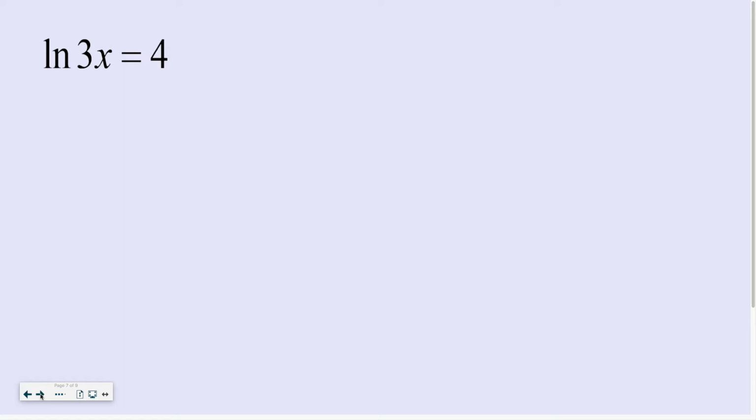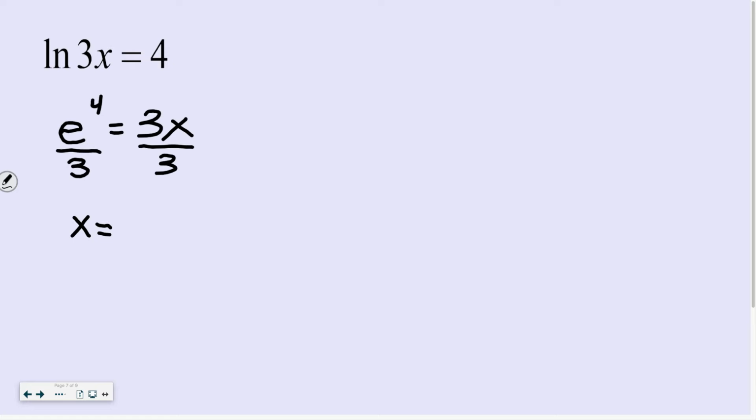Is there anything I can move from the side that has the log? No, don't be tempted to divide by 3 because that's trapped inside the logarithm, right? So you must rewrite it right now. What is the base of this log? E, so that's e to the 4th equals 3x. And then to solve for x, just divide by 3.